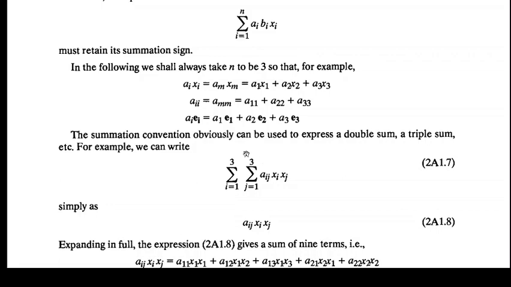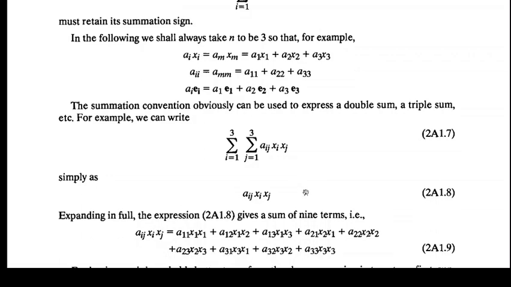We have dropped these two summation signs by using the Einstein summation convention. Similarly, if you have three summations, you can drop the three summation signs.